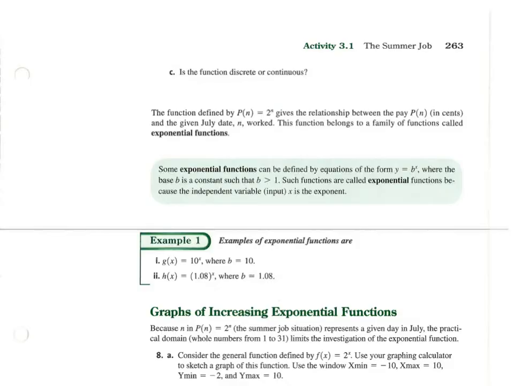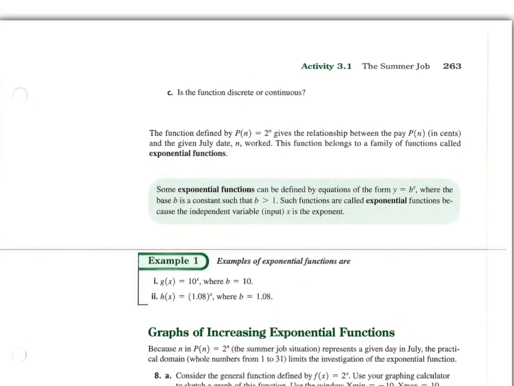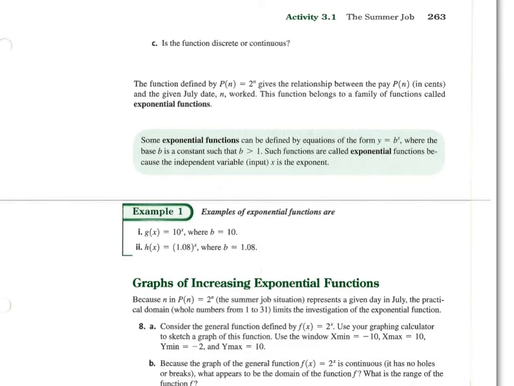Okay, so the next question: discrete or continuous? It depends on if we're talking about this function in general. If I just gave you the function 2 to the n, that's much different than the one we're working with that's only talking about the days of July.